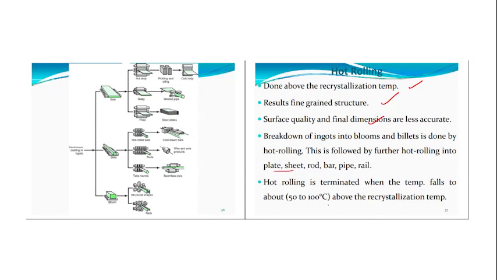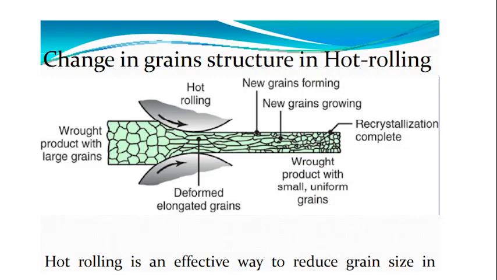Hot rolling is terminated when the temperature falls to about 50 to 100 degrees above the recrystallization temperature. Then the grains change as we have seen. These kinds of alloys are called wrought alloy or wrought metal.